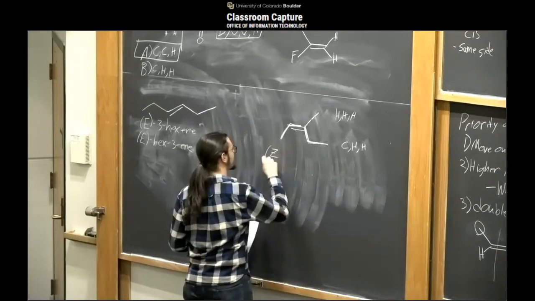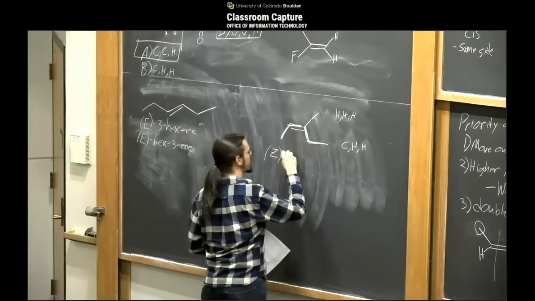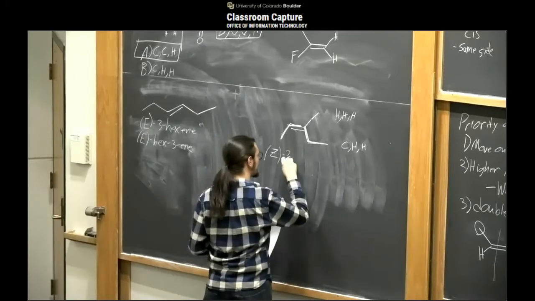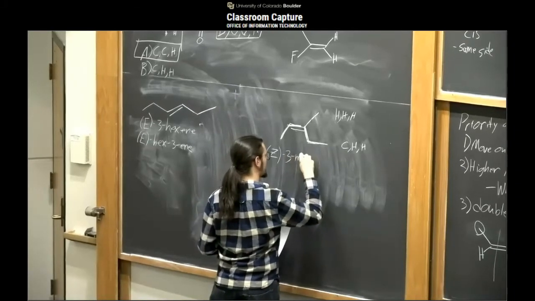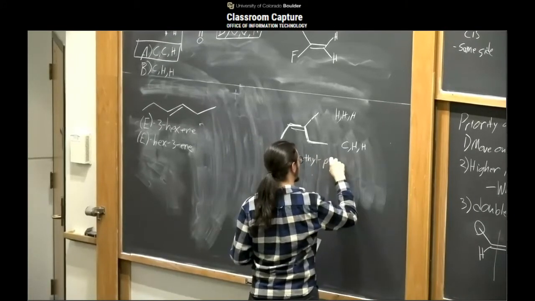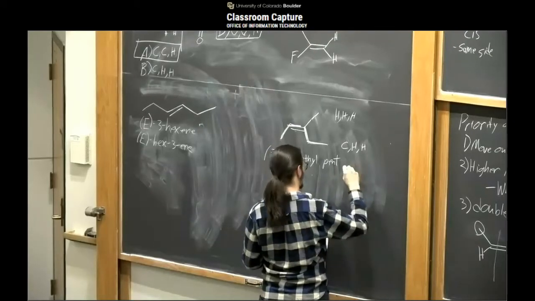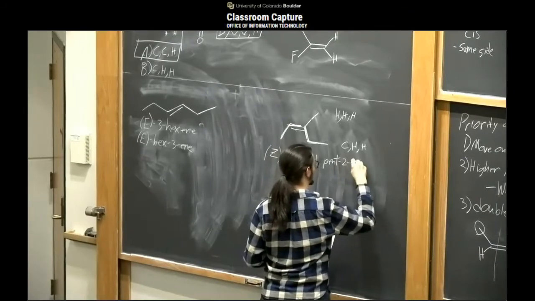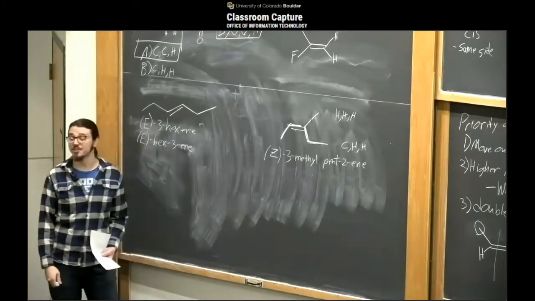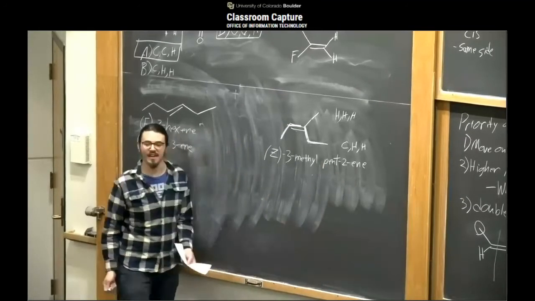So when we're naming it, we have our alkene at carbon 2, and then a methyl group at carbon 3. So we can call this one Z3-methyl-pent-2-ene, or if you want to put the number in front of the pent prefix, you can do that as well.